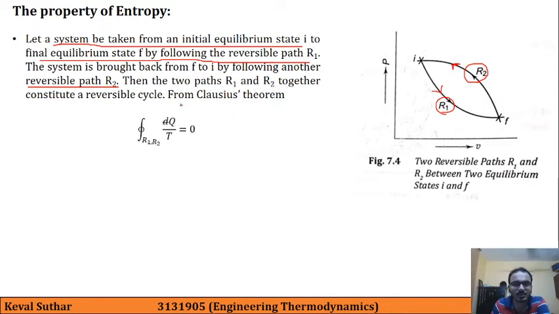From Clausius theorem we can write this, which we derived in our previous theory. If you see carefully, we are having two paths R1 and R2. In the first path we are going from I to F, and in the second path we are going from F to I. So this is a quite straightforward equation.